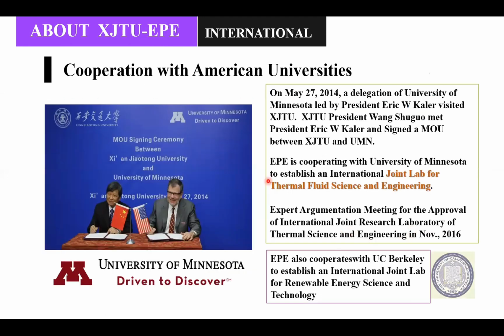And there is some cooperation with American universities. For example, we have signed an MOU with the University of Minnesota, and we have a very tight relationship with them. Every year we send about 30 undergraduate students to the University of Minnesota to take their courses and tests, and also do some cooperation and research projects.